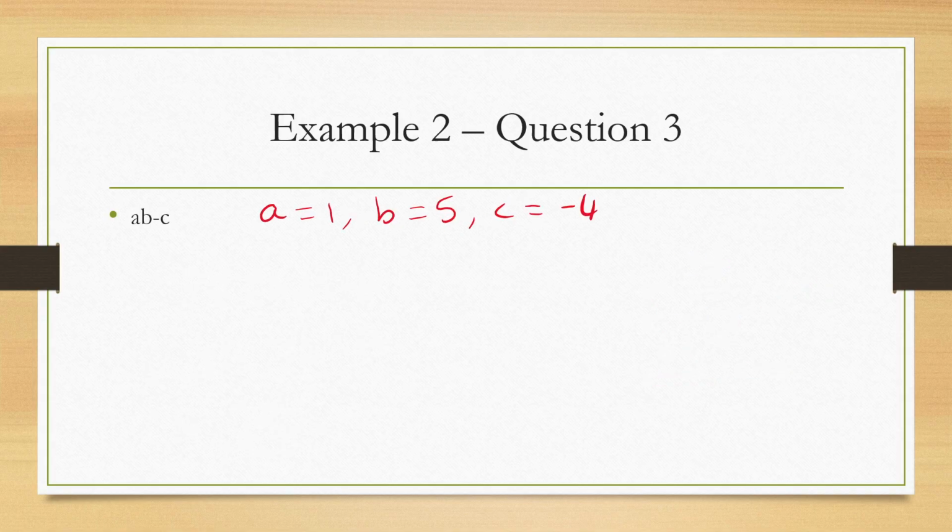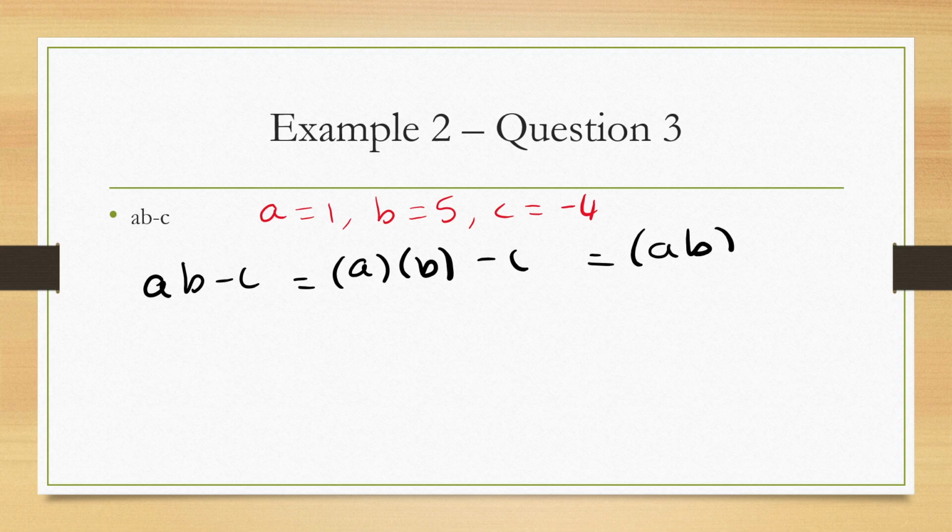Moving on to question 3. So it is ab minus c. In this one, ab minus c is the same as writing bracket a bracket b minus c, which is also the same as writing bracket ab minus c, which can also be written as bracket a multiplied by b minus c.